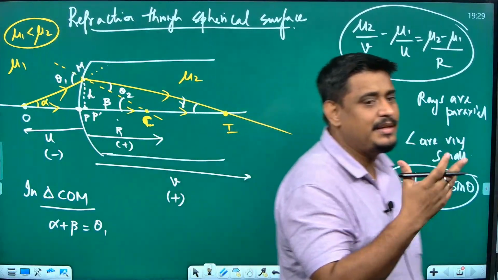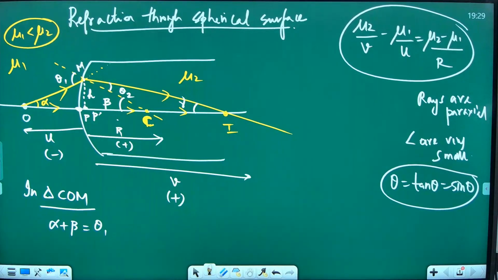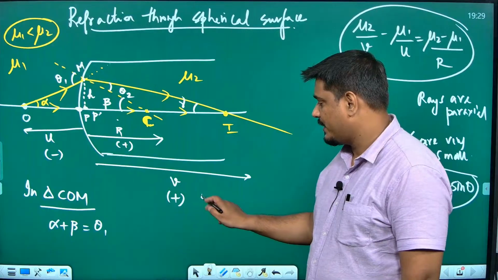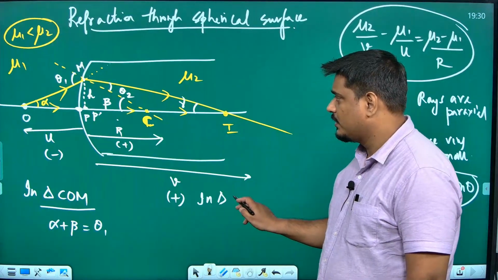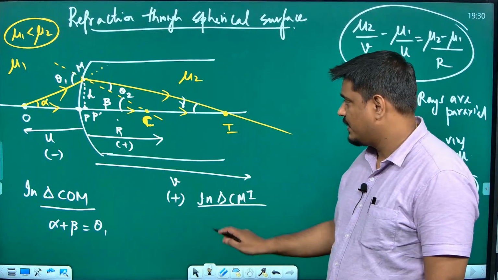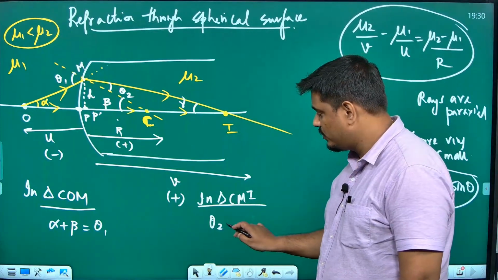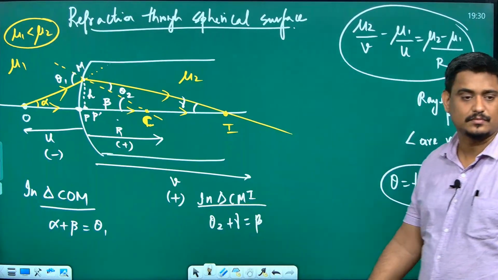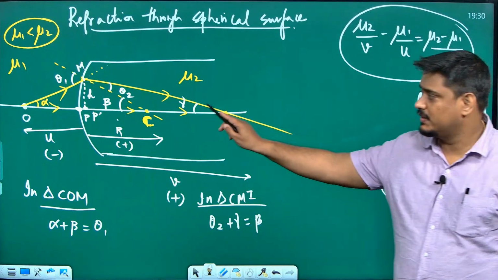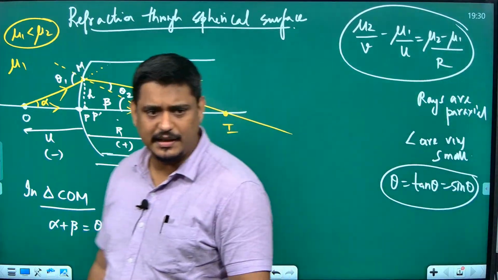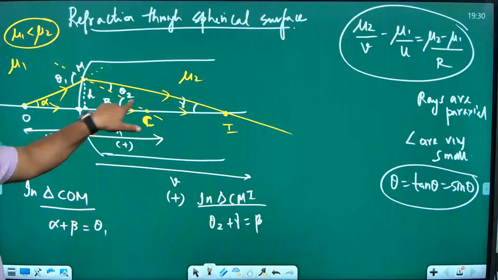Because it will give me the exterior angle property of a triangle. Same way, in triangle CMI, I can write theta 2 plus gamma is equal to beta. This plus this is equal to this. Same logic: in a triangle, the sum of interior angles is equal to the exterior angle.